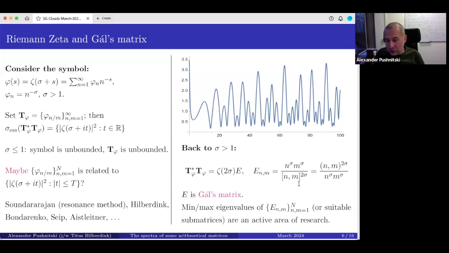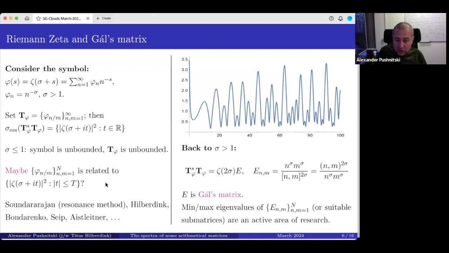You can write it down in two equivalent forms, like this or like that. Okay. So this matrix became known as Gál's matrix. And its minimal and maximal eigenvalues, of some suitable submatrices, became an active area of research. And in particular, this line of inquiry contributed to some results on the behavior of Riemann zeta on vertical lines in the critical strip.